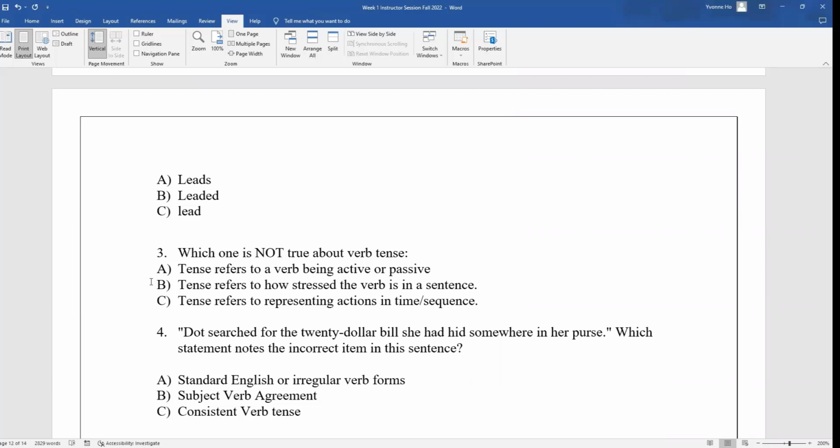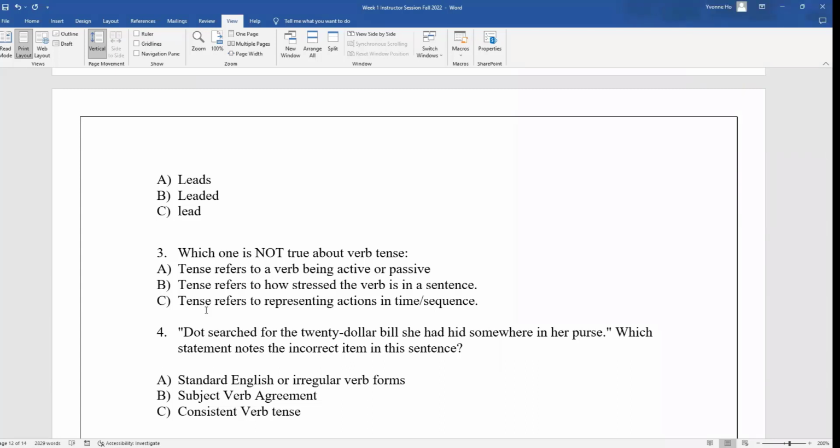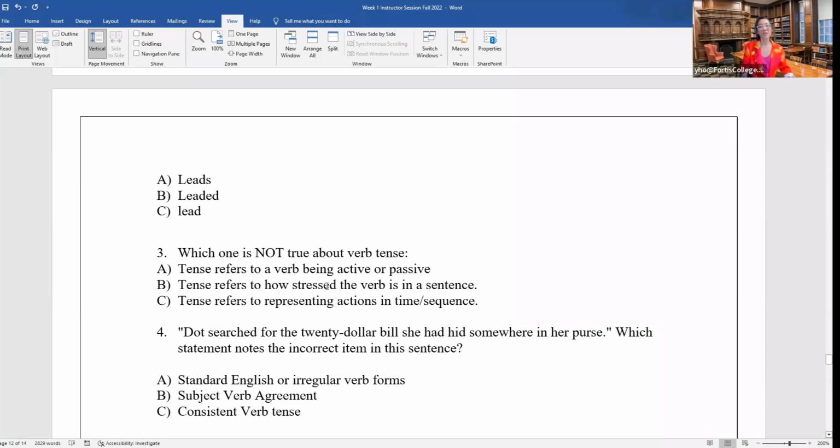C. No, because verb tenses, you got the present tense, the past tense, future tense. So verb tenses do talk about actions. So which one is not true? Not which one is true. Which one is not true? So it would be B. B, yes. Verb tenses have nothing to do with stressed verbs.